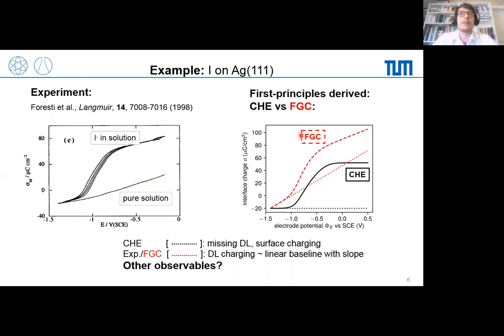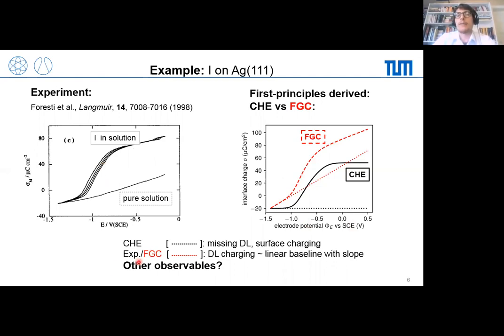While in the fully grand canonical approach, where you allow for capacitive charging, you can of course get this baseline slope for the clean surface when you apply a potential. And you can also see that the electrosorption of these ions is described more similarly to what we see in experiment.